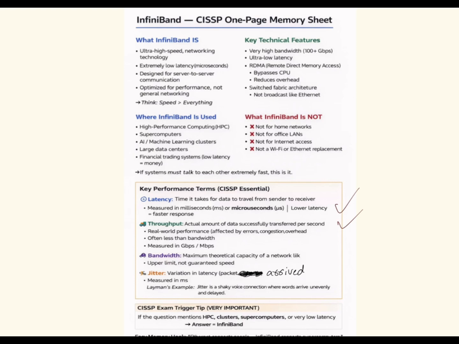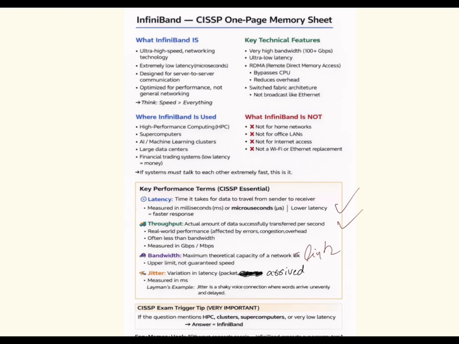Bandwidth, measured in gigabits per second or megabits per second, is the maximum theoretical capacity of a network link, the upper limit, not a guaranteed speed. Sometimes they tell us 40 gig bandwidth, but in real time that is not the case.